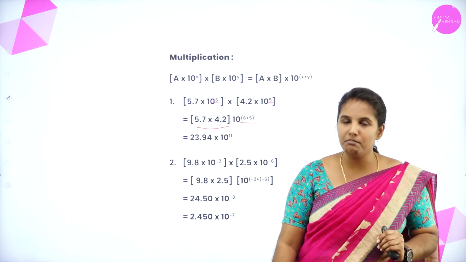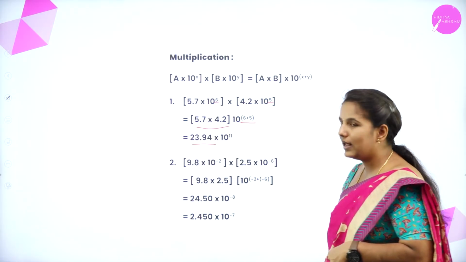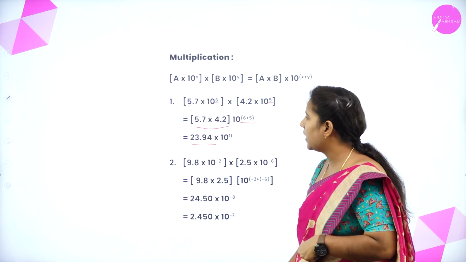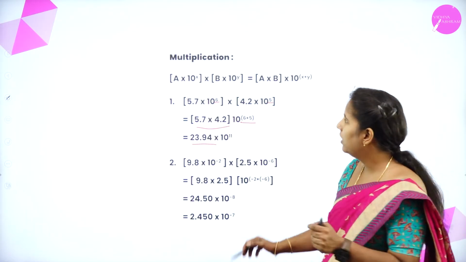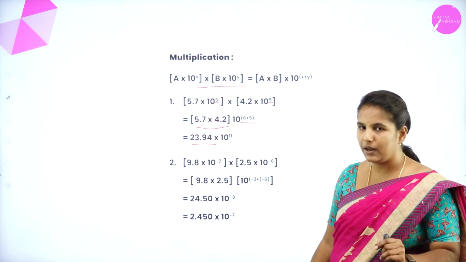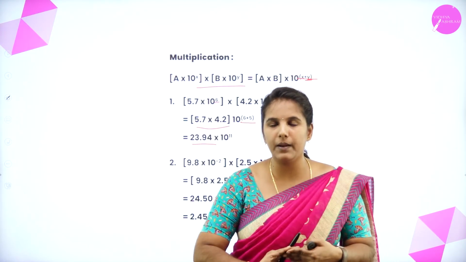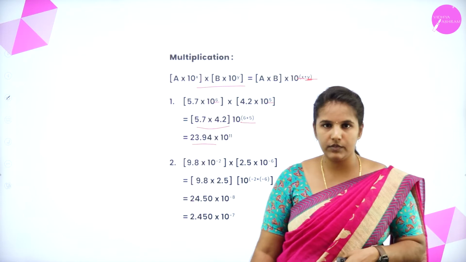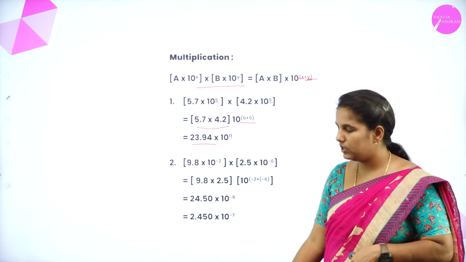So you will get 23.94 if you consider 5.3 into 4.2. Remember, in multiplication we add the exponents and multiply the quotients. Then we keep the answer as such.